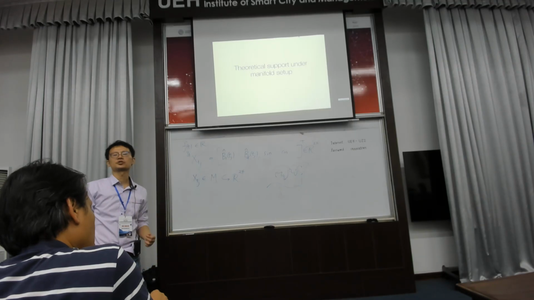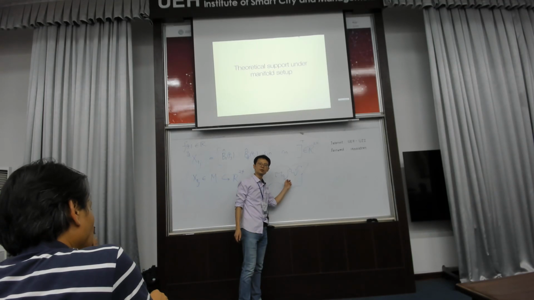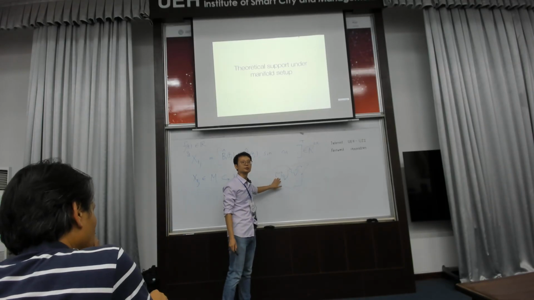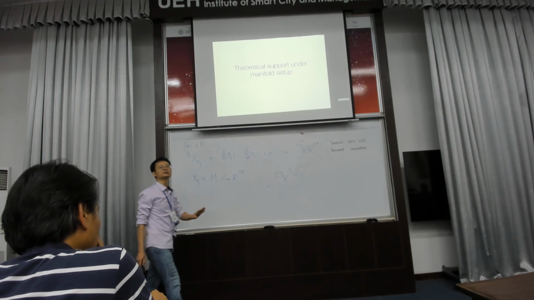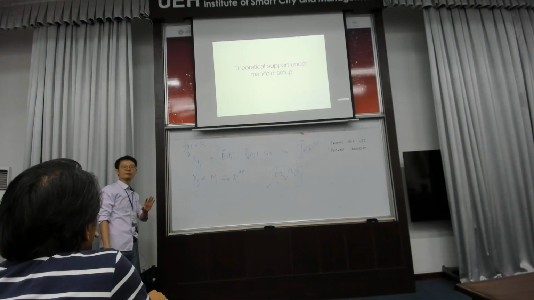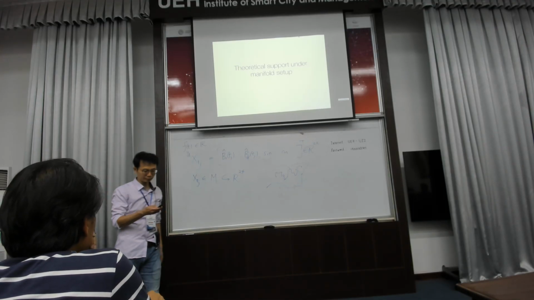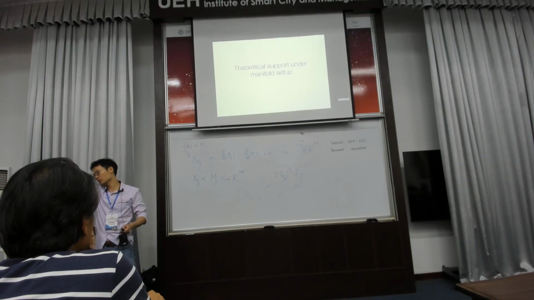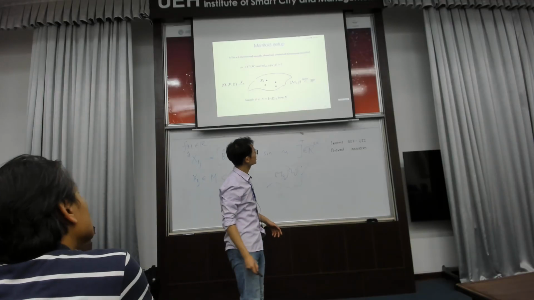And now I want to tell you the story. Suppose you really have a manifold, and I have told you that diffusion distance helps you describe or respect the distance information. Then how do you get the covariance function designed using the heat kernel? The basic idea is very simple.